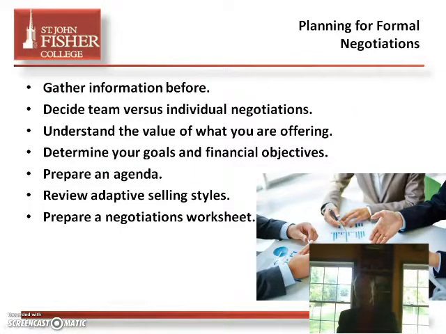So planning for the formal negotiation, that's really one of the first steps, and that's gathering information before. Oftentimes a salesperson knows what the objections are going to be because they've had similar objections from other buyers. A sales rep may know their price is the highest in the industry, but they have better value or better service. Or their service might be a little slower, but they've got the better price, or maybe delivery is a problem.